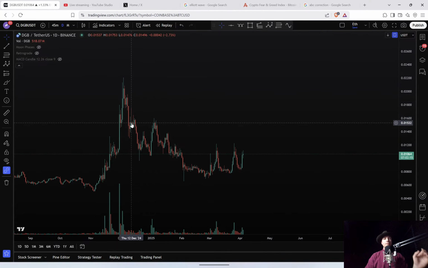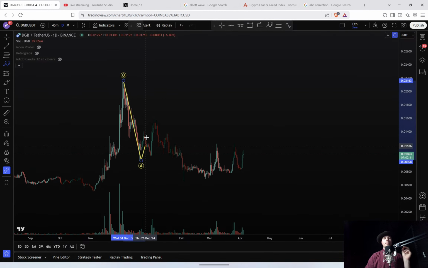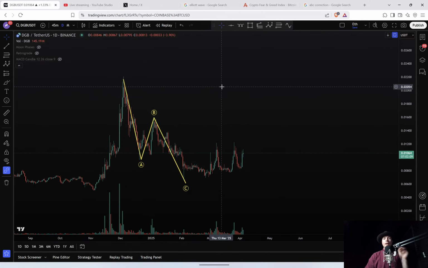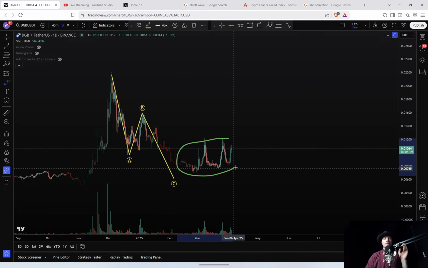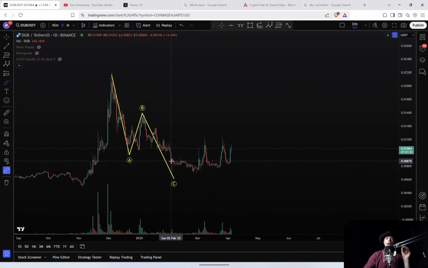So today's lesson, we've talked a lot about ABC corrections, and here's a perfect example of an ABC correction on Digibyte. And now we're starting to bottom off of these lows. You can see the market's starting to show signs of strength off of these lows. And what I think is going to happen is a nice vertical kind of breakout here on Digibyte.